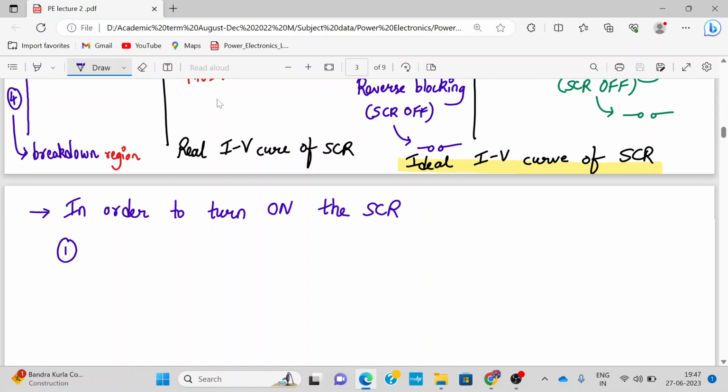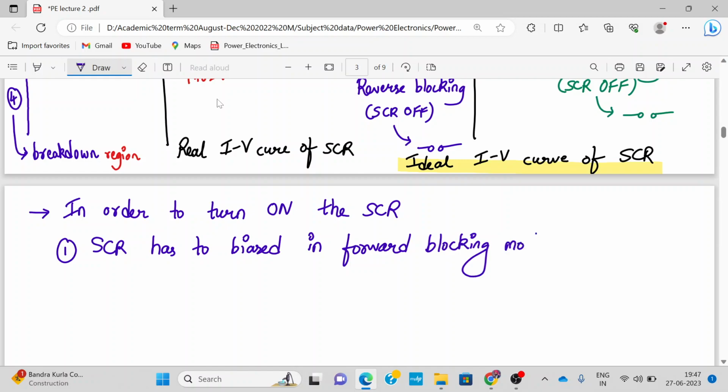Write down. The SCR has to be operated in the forward blocking mode.